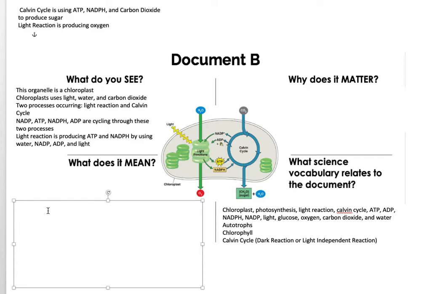Well, it means that chloroplasts, these are organelles in organisms, autotrophic organisms, that use carbon dioxide and water as well as ATP and light energy to produce glucose and oxygen.